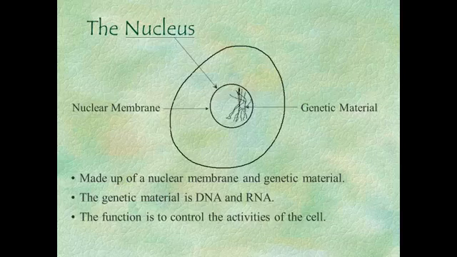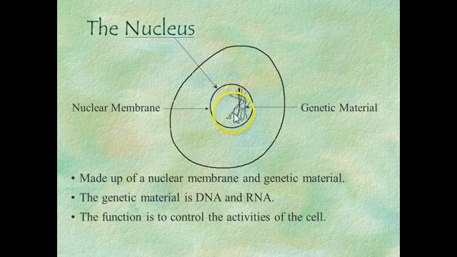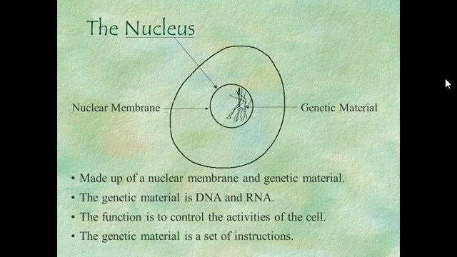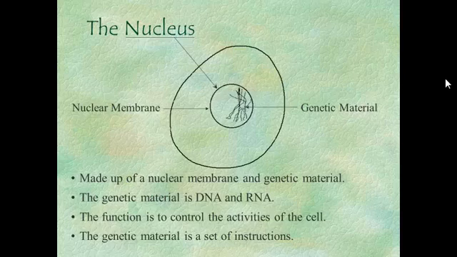The nucleus itself doesn't do that. It turns out that that is actually done by the genetic material, the instructions that are encoded on that DNA and RNA, and are executed by ribosomes. Okay, so as I just said, that genetic material really acts as a set of instructions that are carried out by machinery outside of the nucleus. Okay.